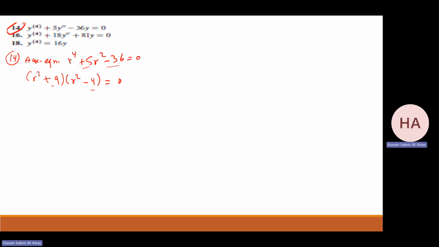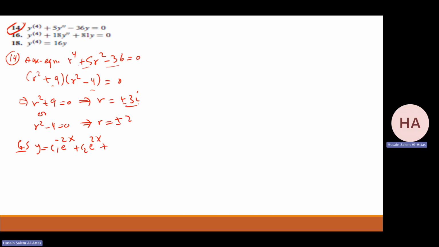I have minus 36, 9r squared minus 4r squared, 5r squared. This is r to the power 4. So I have r squared plus 9 equals 0, which means r equals plus or minus 3i. And r squared minus 4 means r equals plus or minus 2. General solution, y equals c1 e to the minus 2x, c2 e to the 2x. These other roots will give me sine and cosine: cosine 3x, sine 3x. Yes, that was 14.